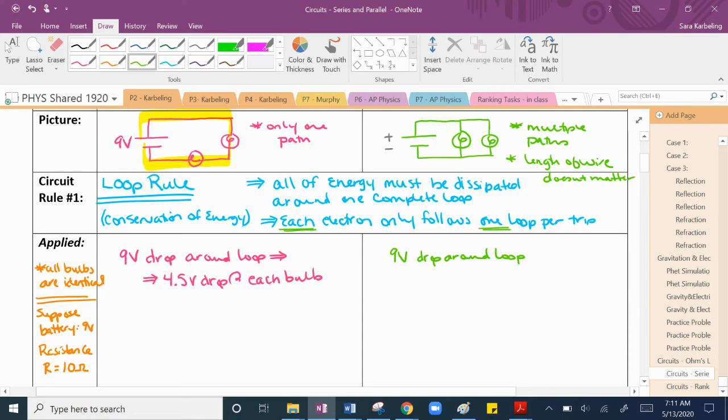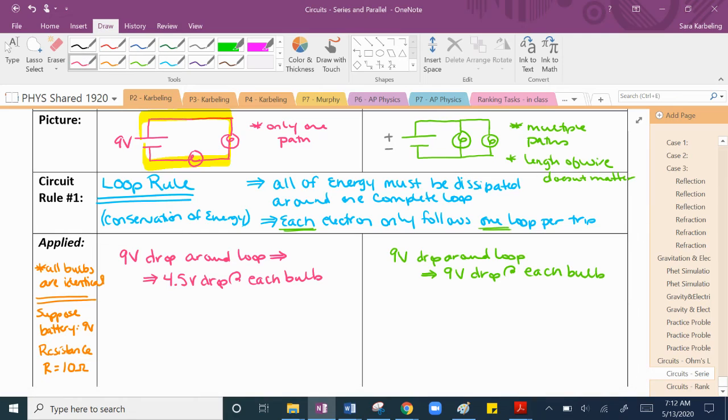So that means that in each trip that it goes through, there's going to be a 9-volt drop at each bulb. So again, each electron in a parallel circuit is only going to go through one bulb. So it will drop all of its energy. It will lose all of its energy. By lose, I mean dissipate. It's going to give it off as heat or light just one time. So it's got to lose all of it there.